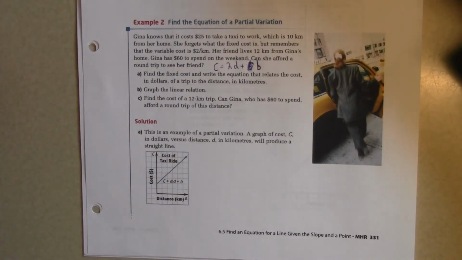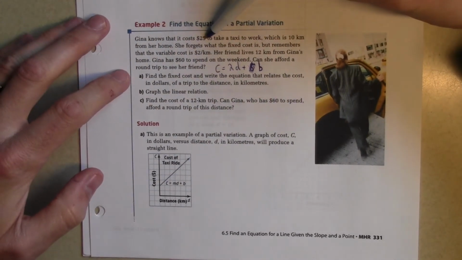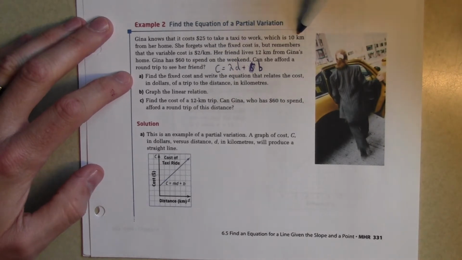So find the fixed cost and write the equation that relates the cost in dollars of a trip to the distance in kilometers. We know that it costs $25 and it's 10 kilometers.